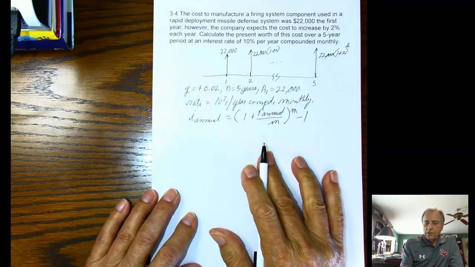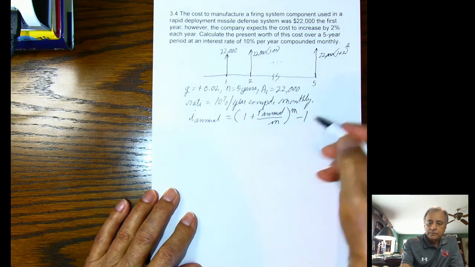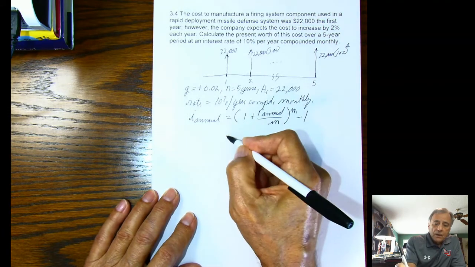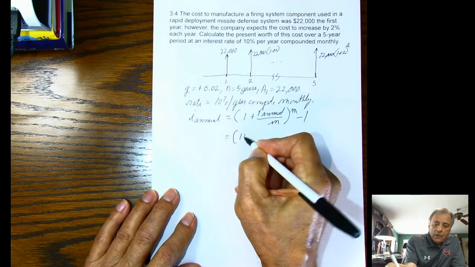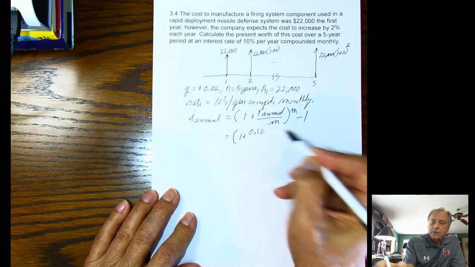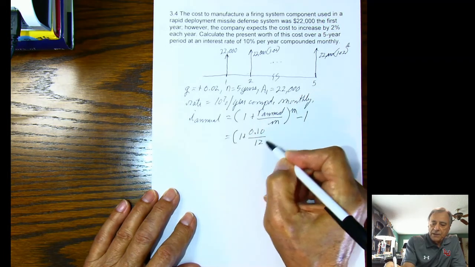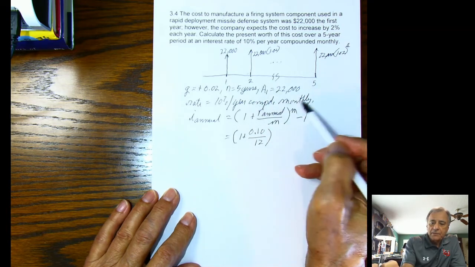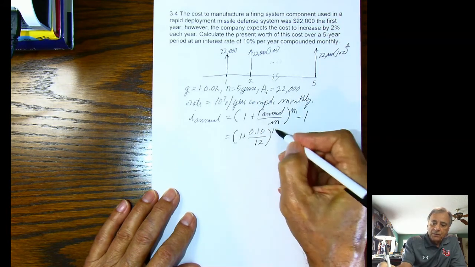Well, again, R annual is 10%, 0.10. M is 12 months in a year. That's how often it's compounded, monthly, to the 12th power minus 1.